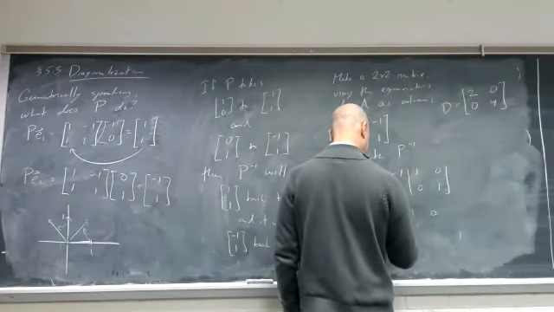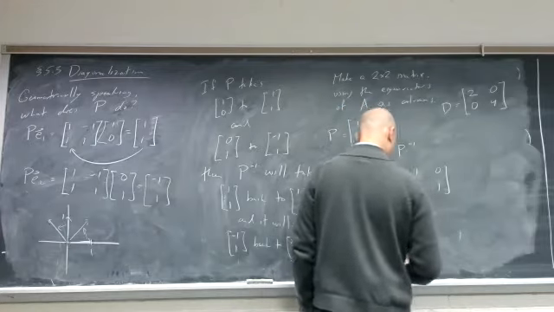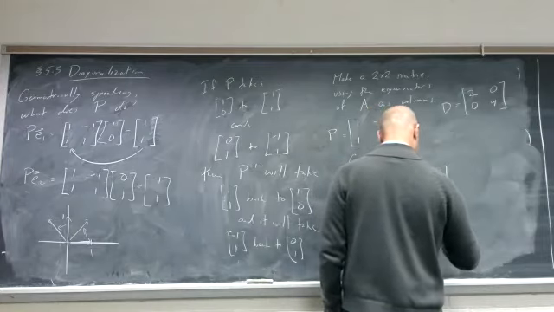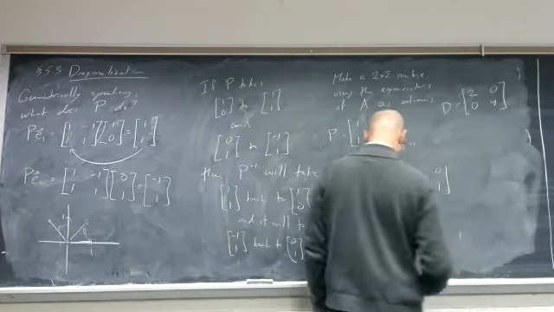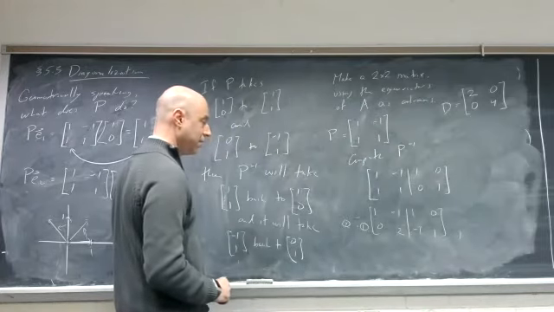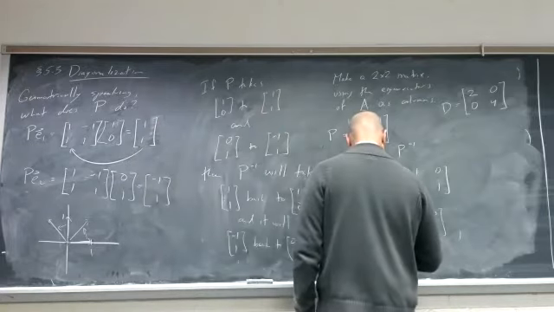So I get 0, 2, negative 1, 1. I'm going to take the second row and multiply by half.